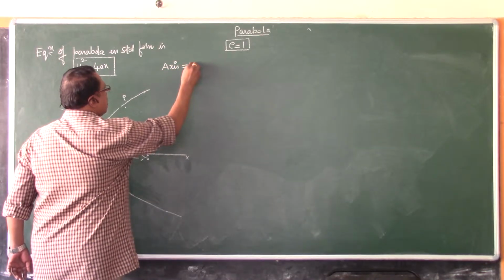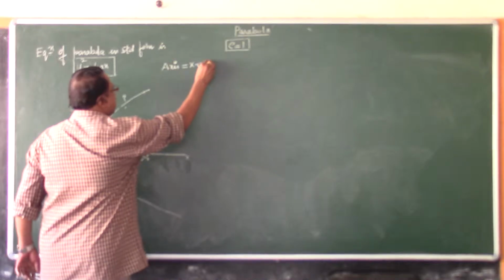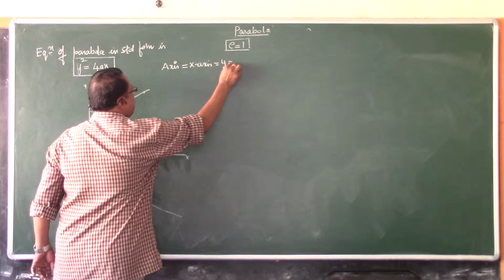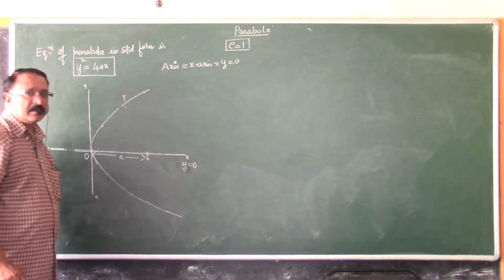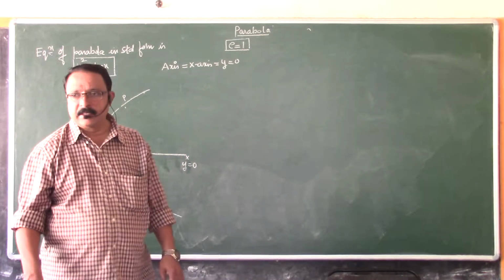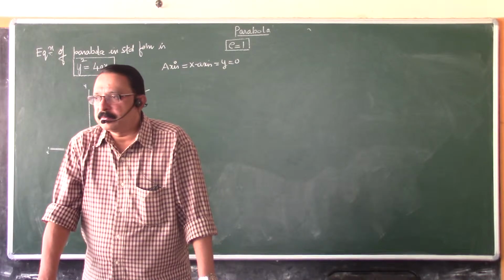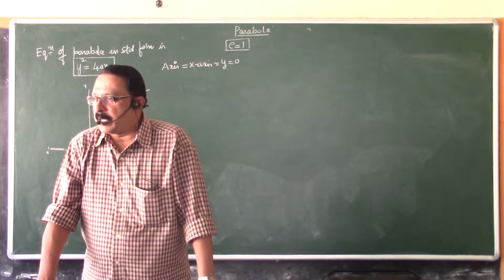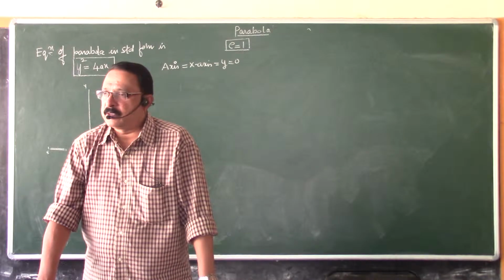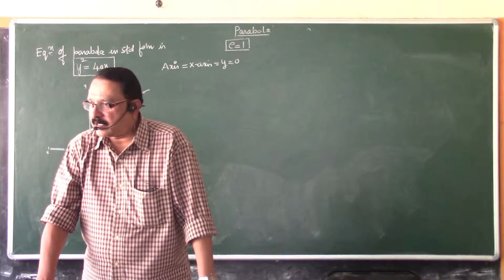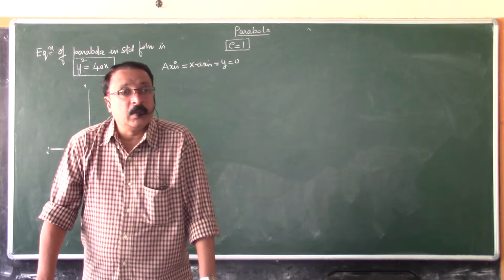Therefore, the x-axis is called the axis of the parabola. What is the axis? The x-axis. And what is the equation of the x-axis? y is equal to 0. Name the axis of the parabola y square equals 4ax. The equation of the axis of the parabola y square equals 4ax is, what is your answer? y is equal to 0.